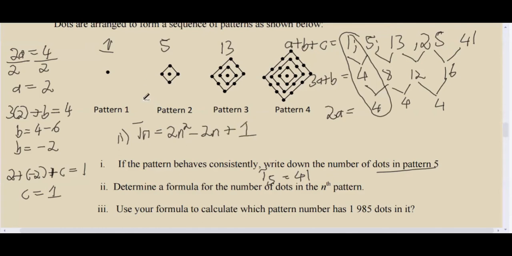Remember, we are writing it in the format Tn equals an squared plus bn plus c. So you can see the value of a was 2, the value of b negative 2, and the value of c is positive 1. So that's how we have our nth term. Okay, then let's check number 3.